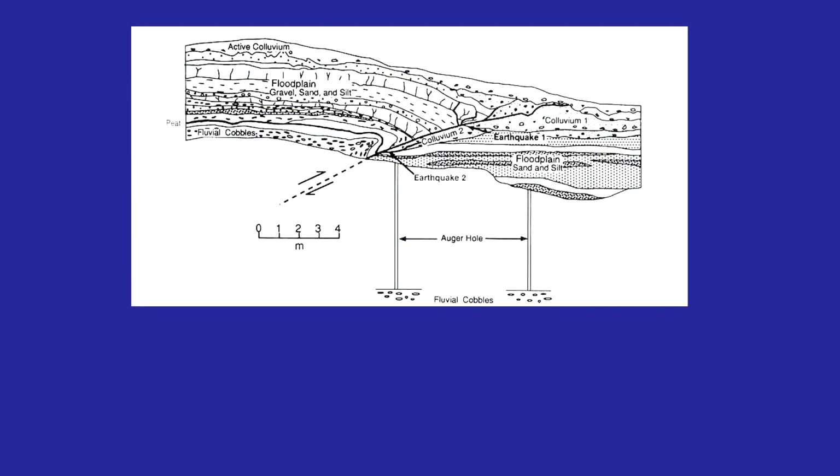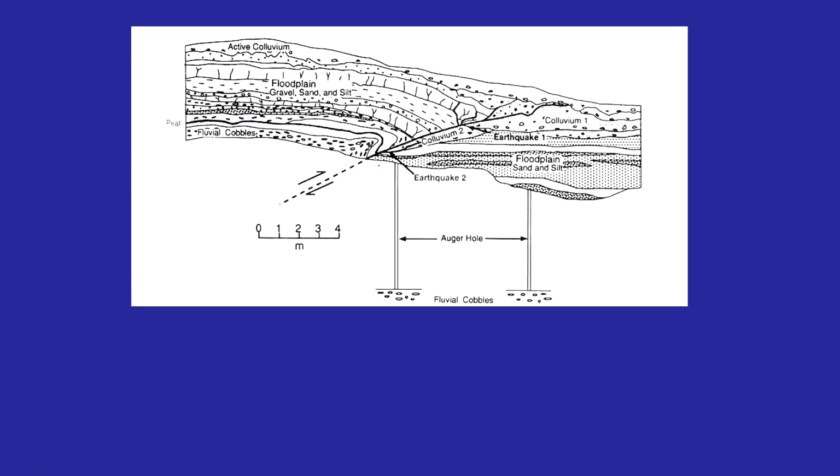So again, in this trench, if you see, we have at least 2 colluvial wedges. Colluvial 2 is the older one, which was displaced during the latest event, and then you have colluvial 1 that was deposited after that. Even this has been displaced, okay, because colluvial 1 which you see is also displaced over here.